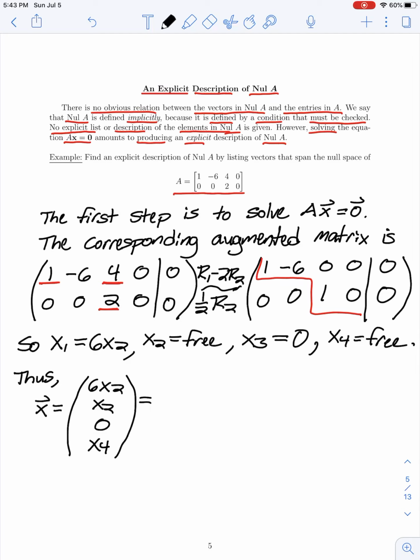So these vectors we can write as a linear combination of vectors involving our free variables, say x2 times (6, 1, 0, 0) plus x4 times (0, 0, 0, 1).